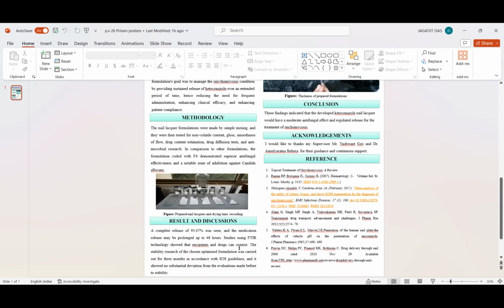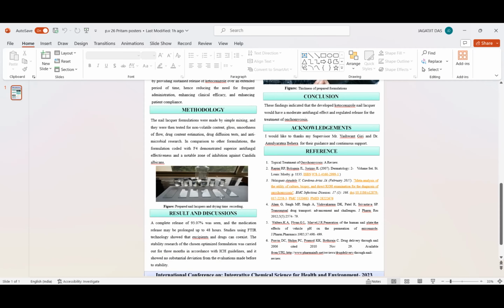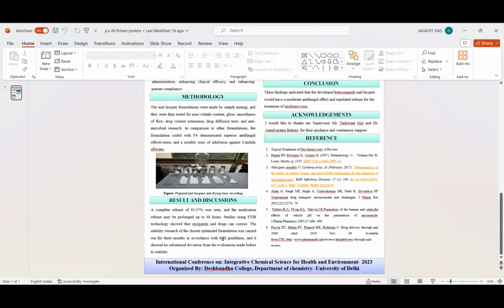Here is my prepared nail lacquer and its drying time. In the result, a complete release of 93.07% was seen, with the medication release prolonged up to 48 hours. In FTIR spectroscopy, the study contains the drug excipient interaction.